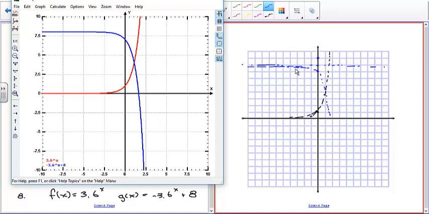So you can see that's what we ended up with. It has this horizontal asymptote of 8, then it comes through 7, because that's 1 down from 8, and then it goes down 3.6 units when x equals 1. And you can see that it matches up pretty well.